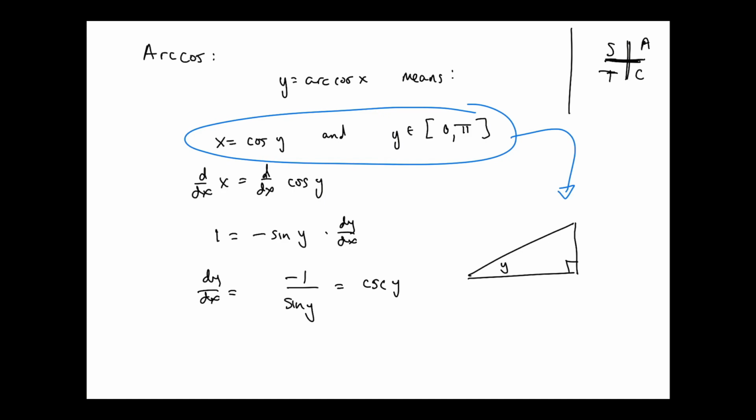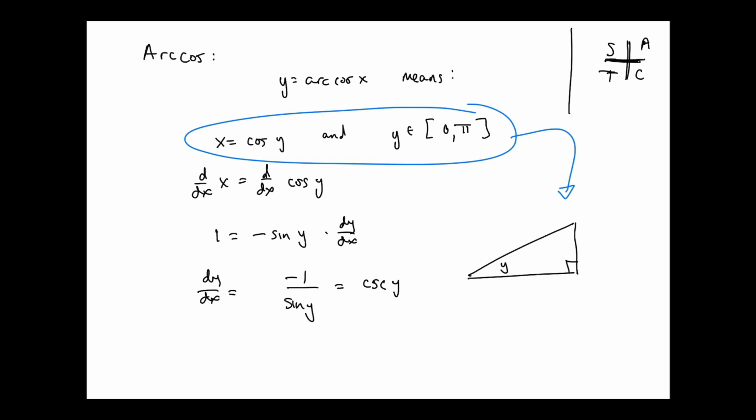It actually doesn't matter where you put the angle. If I chose the other non-right angle, then who's opposite and who's adjacent changes. So I typically just pick the one that's horizontal, but that's not a big deal.